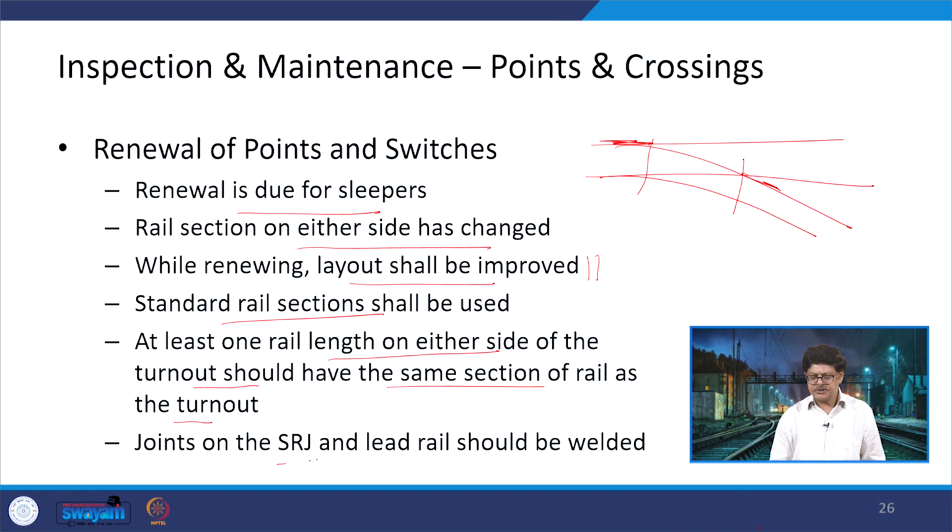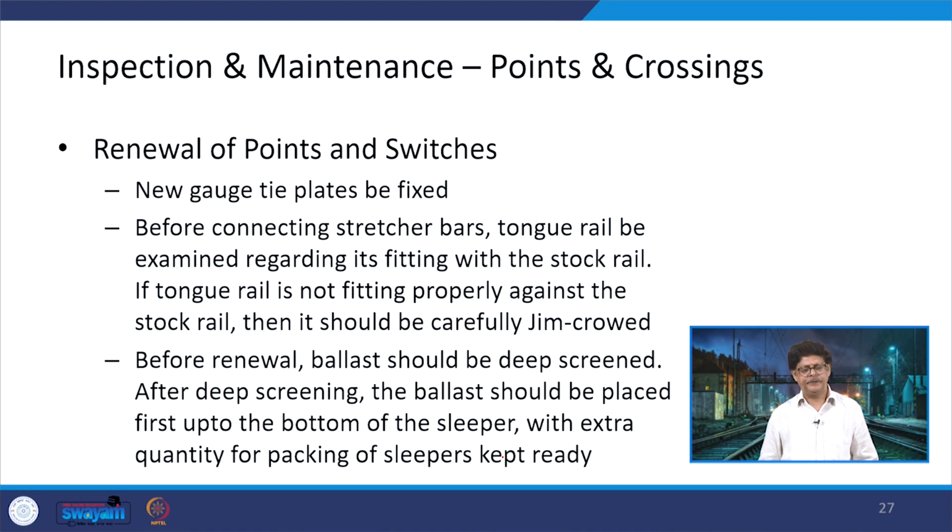Now, joints on SRG and lead rail should be welded. Then the new gauge tie plates need to be fixed. Before connecting stretcher bars, the tongue rail should be examined regarding its fitting with the stock rail. We have discussed the various types of switches, overriding switches and those.